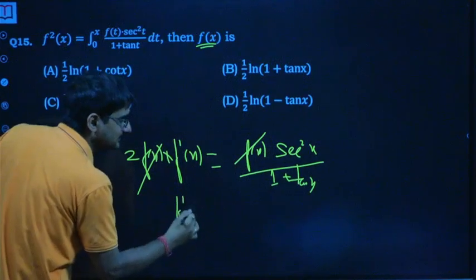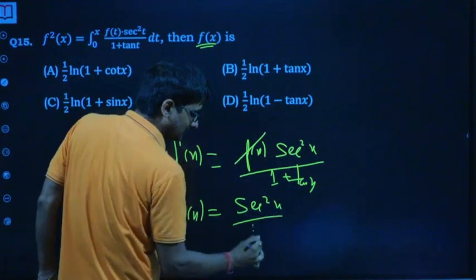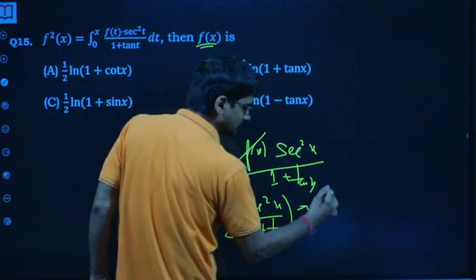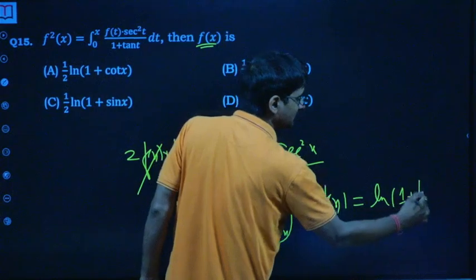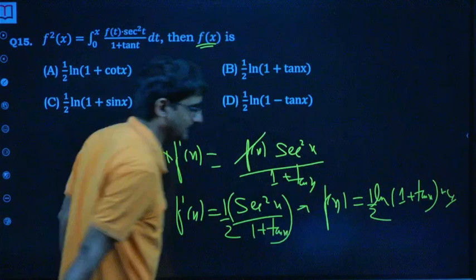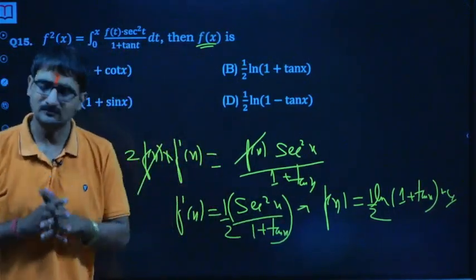So f'(x) is equal to sec^2 x by 2 times (1 plus tan x), integrating both the sides. Now that was simple after this. It's really very simple once you get rid of this form and get f dash x after applying Leibniz. So those were the questions for our first sheet.